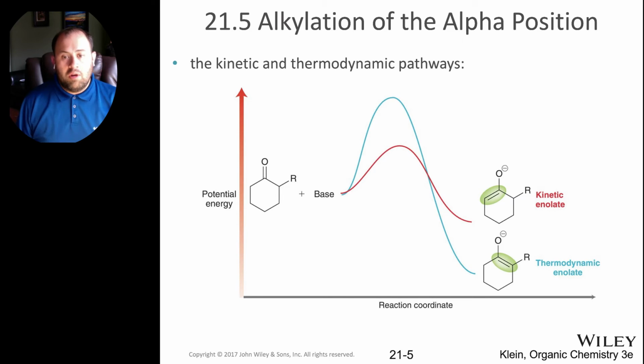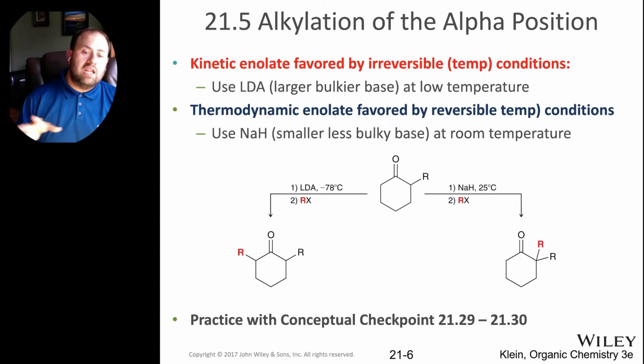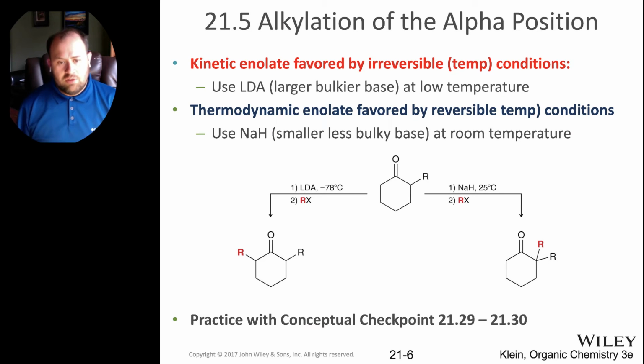Excuse me, the kinetic product favors lower temperatures. We also, if you notice, are going to focus on using LDA for that case too, because it's a much bulkier base and it'll favor deprotonating the less substituted carbon over deprotonating the more substituted carbon.